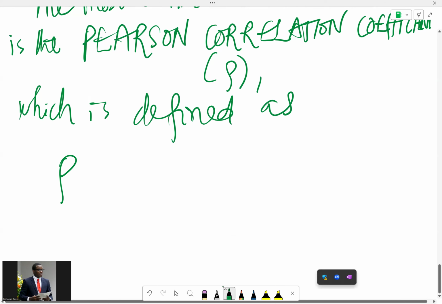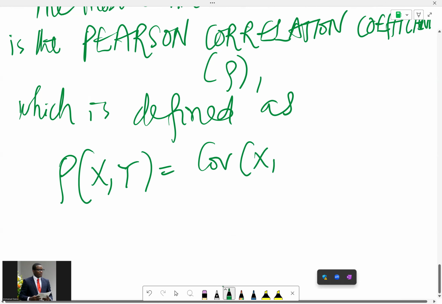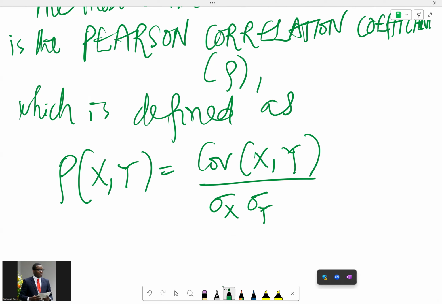So you have correlation of x and y equals the covariance between x and y divided by the product of the standard deviation of x and the standard deviation of y. So that's why we talk about standardization here. The covariance now divided by the standard deviation.